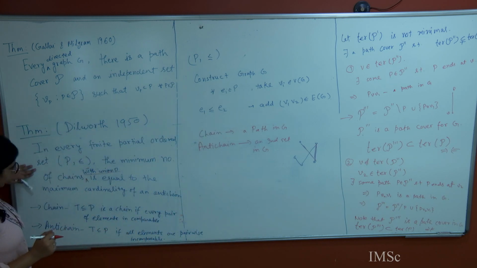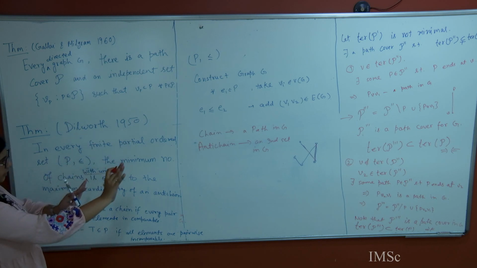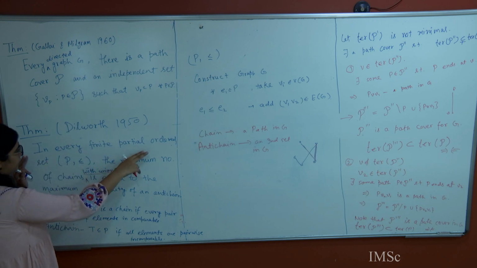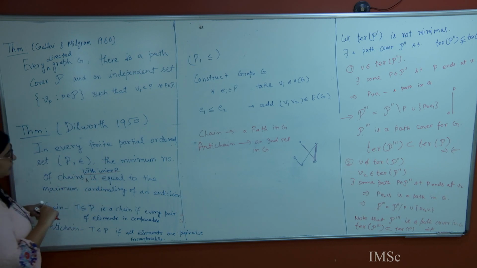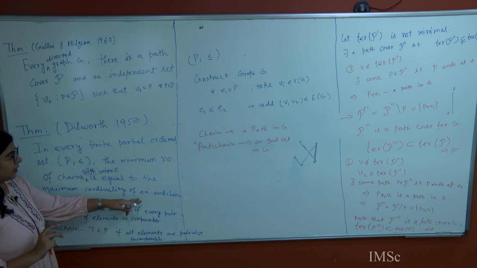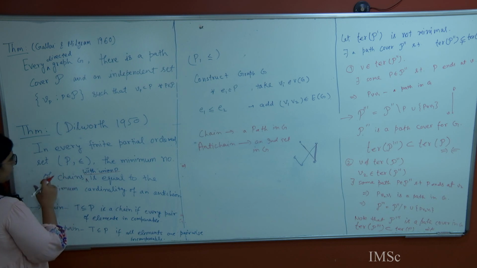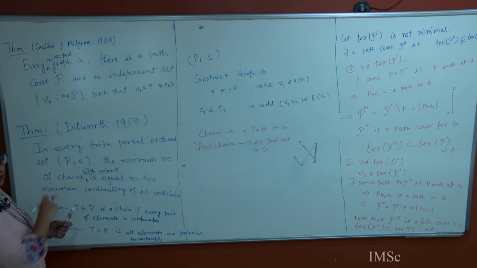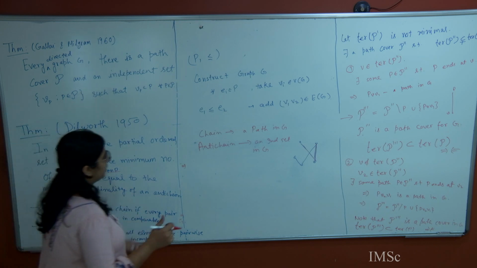So that means what we are trying to prove here in terms of G is this. We are saying that for every finite partial order set, the minimum number of chains with union P is equal to the maximum cardinality of an antichain. So in G, we are trying to prove the minimum path cover, because with union P means it covers the entire vertex set, and instead of chains we are looking for paths.